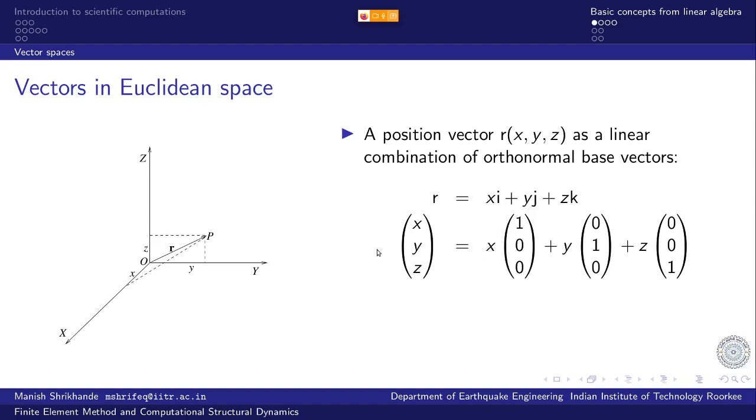Similarly, y is the projection of position vector r along unit vector j, and z is the projection of r along unit vector k. So this triad of coordinates x, y, z are essentially the projections of the position vector along the respective unit vectors.